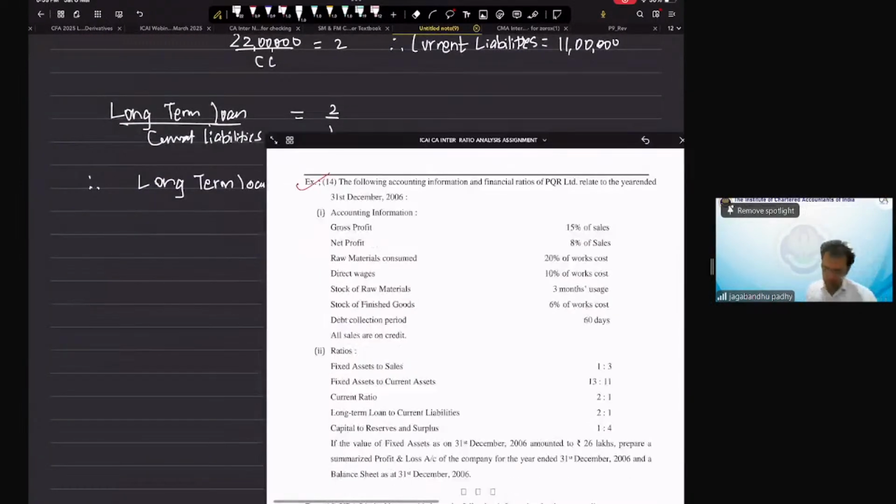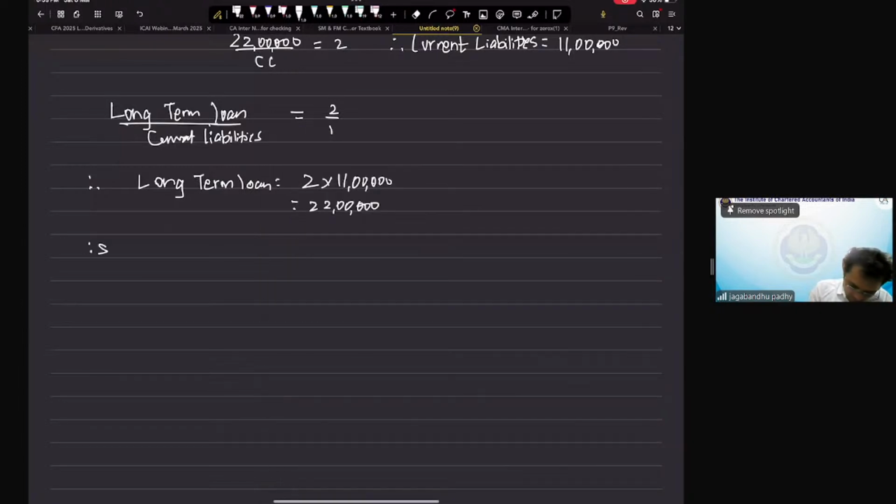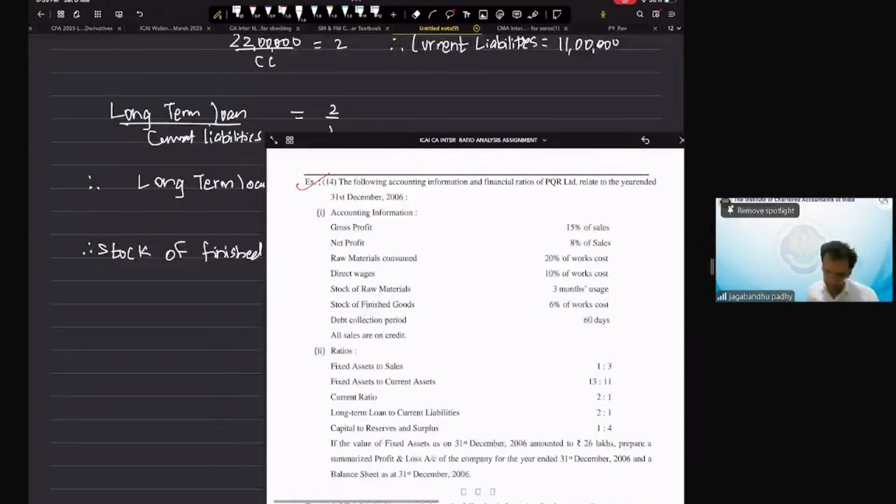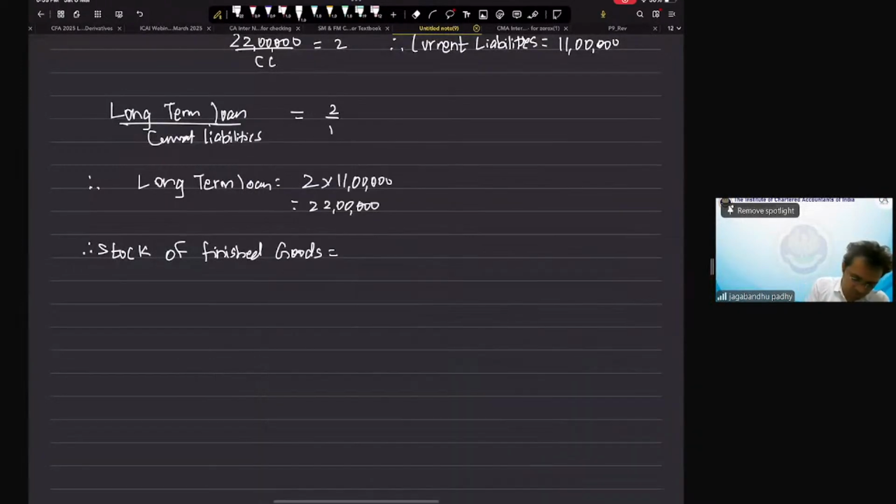So I can say the stock of finished goods is 6% of works cost.